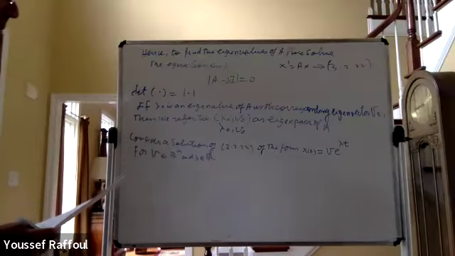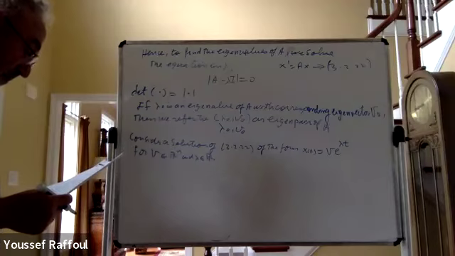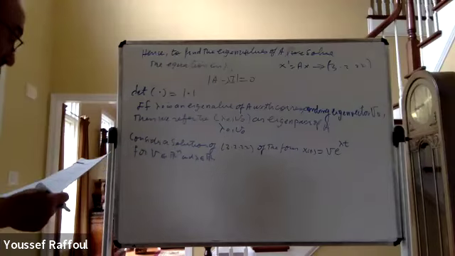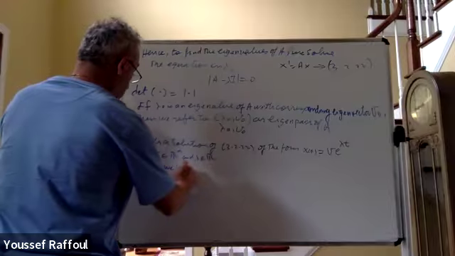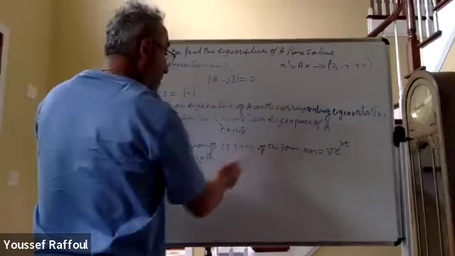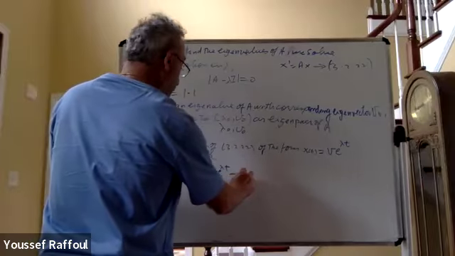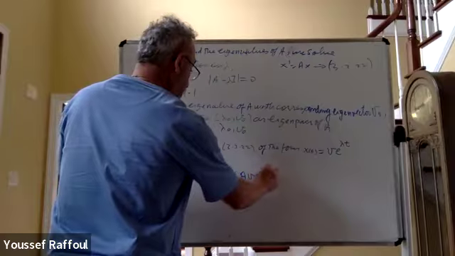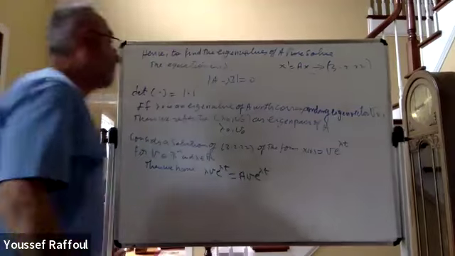Then by differentiating, we have lambda v e to the lambda t equals A v e to the lambda t.